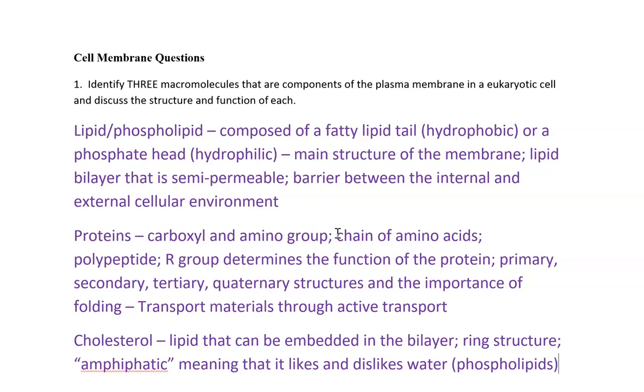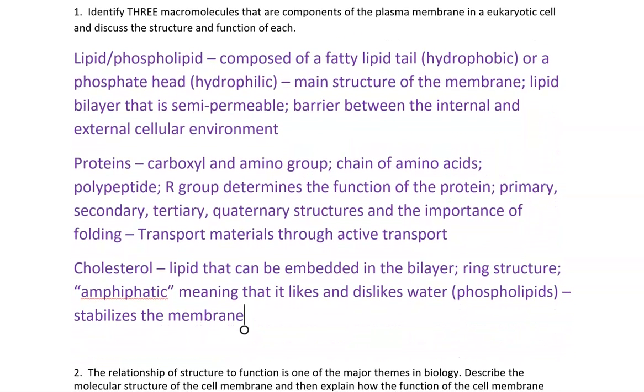That would be another way that you could describe cholesterol. And then the function of it is that it stabilizes the membrane and moderates fluidity.